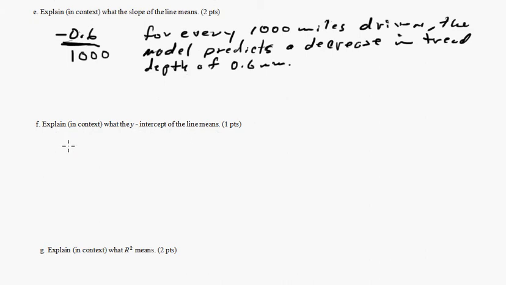So explain what the y-intercept means. So it means new tire tread depth.